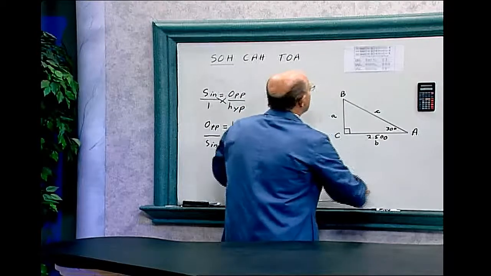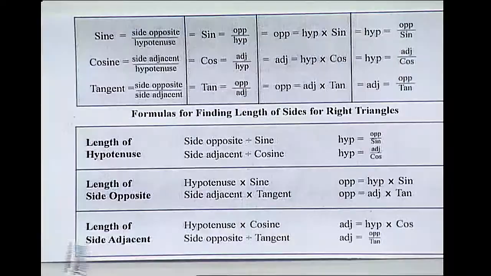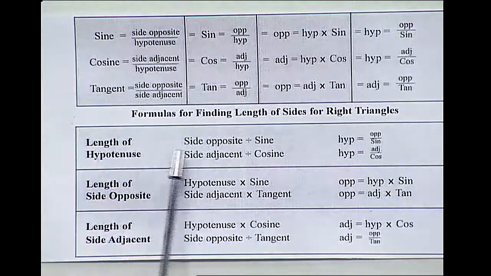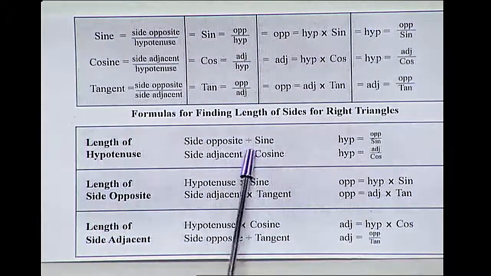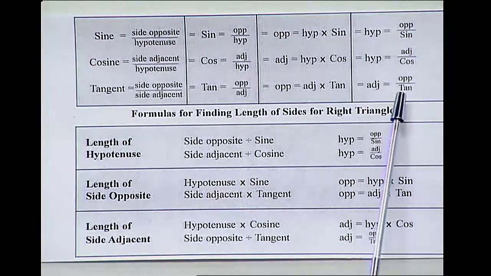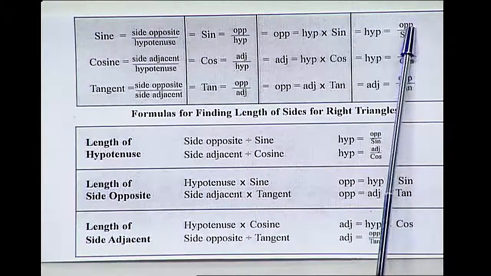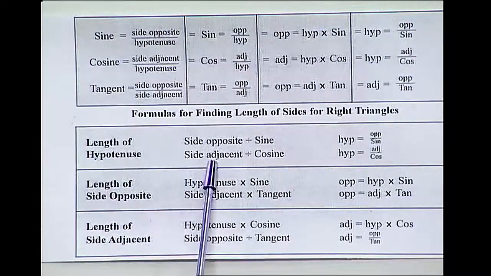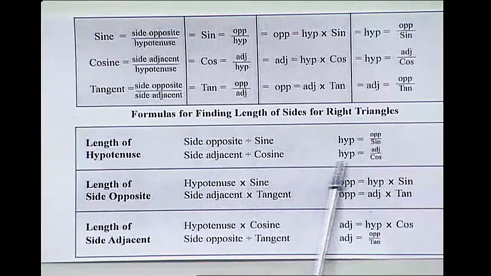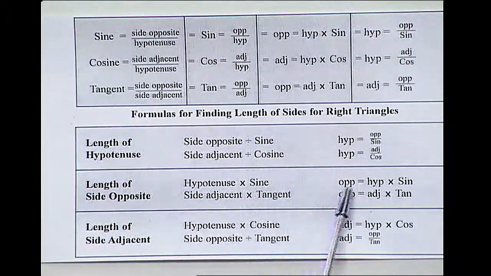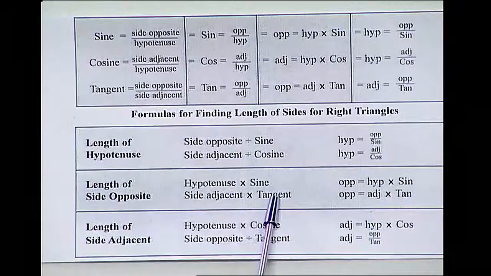Just look here in this chart, and notice here the length of hypotenuse. It's side opposite divided by sine, and here's the same thing. Hypotenuse equals opposite divided by sine. And also you can use side adjacent divided by cosine. For length of side opposite, it's hypotenuse times sine, or side adjacent times tangent.